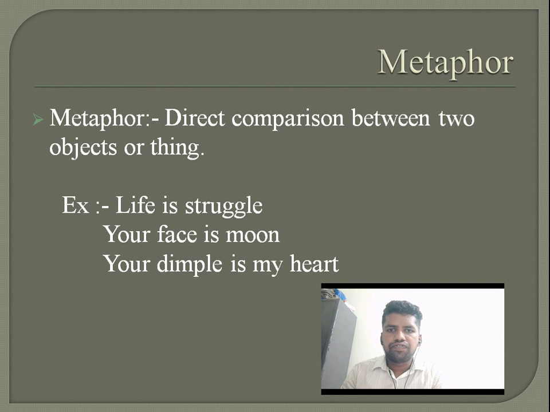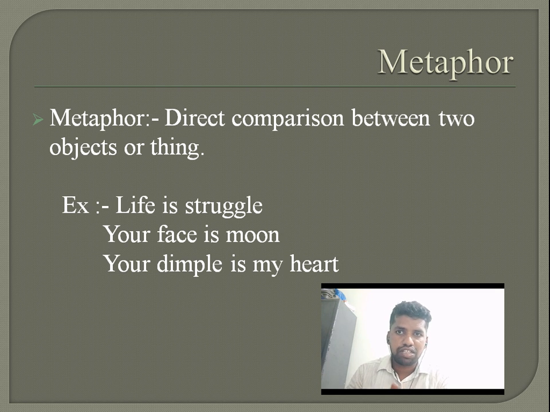Metaphor. In this figure of speech, there is a direct comparison between two objects, between two things. Poets want to convey a message to the readers through the poem. In that particular poem, poets use various comparisons. So, metaphor is a direct comparison. Example: life is struggle.